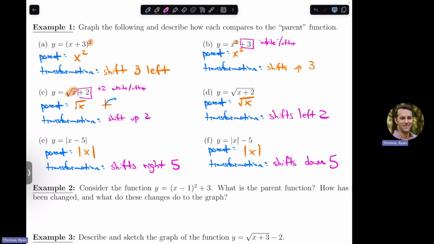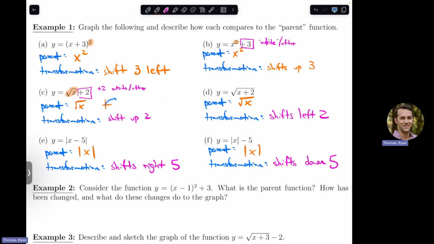For the square root function, what's the domain? 0 to infinity. If I take that and shift it to the left 2, what's the domain now? -2 to infinity. That moves along with it, right? Think about it like the graph is living in a window or something, right?